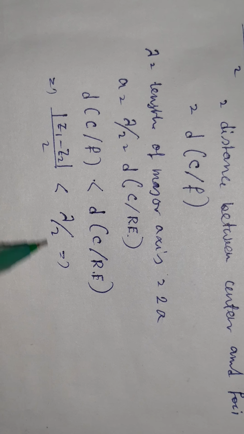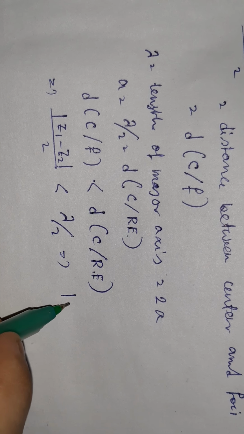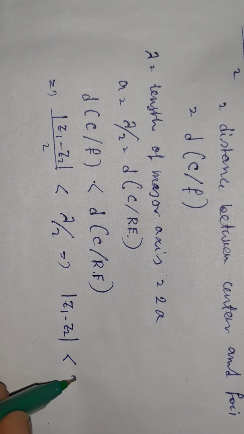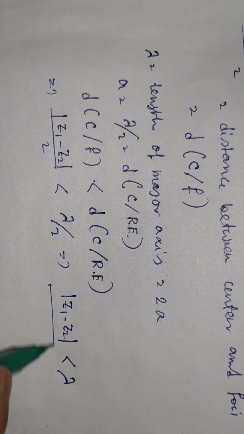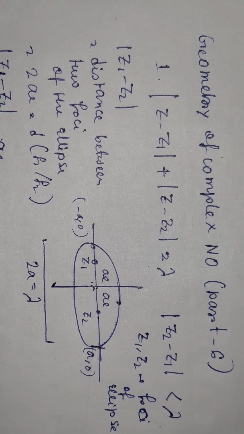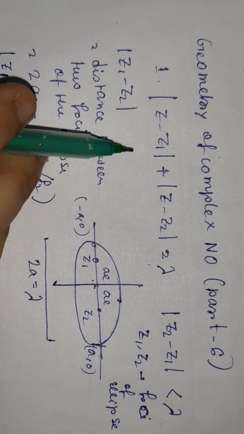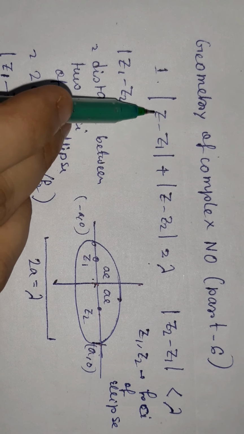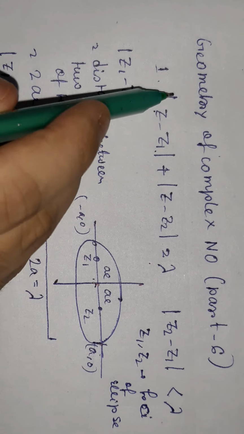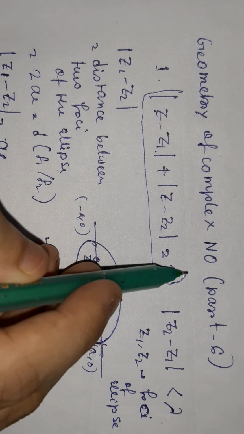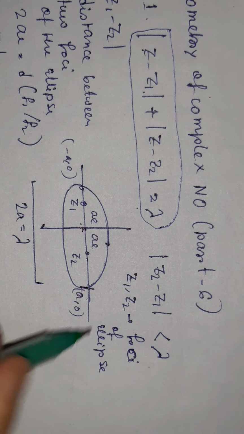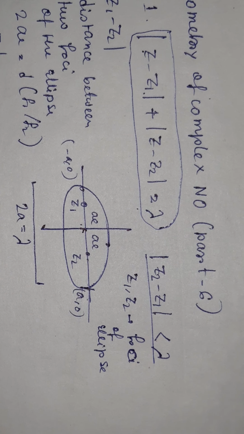Cancelling 2 on both sides, we easily get |z1 - z2| < lambda, and that is the condition for an equation like |z - z1| + |z - z2| = lambda to be the equation of an ellipse, if and only if this condition holds.